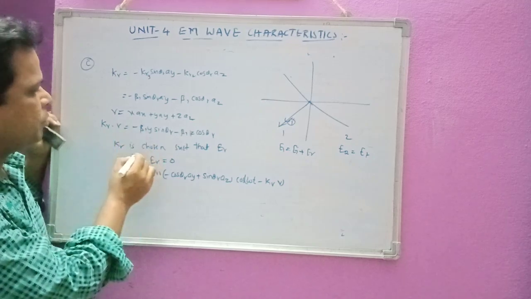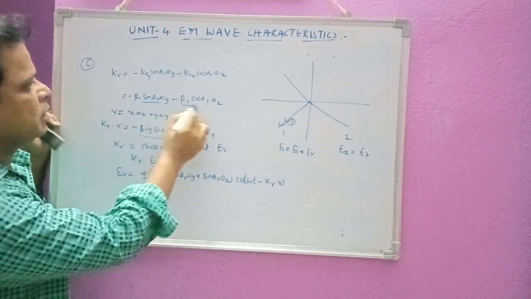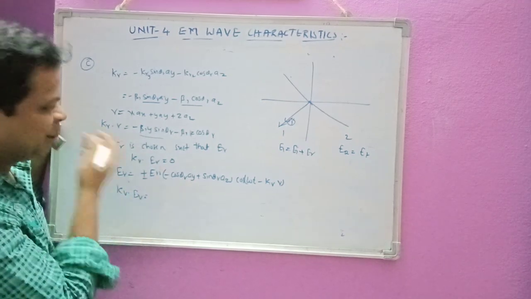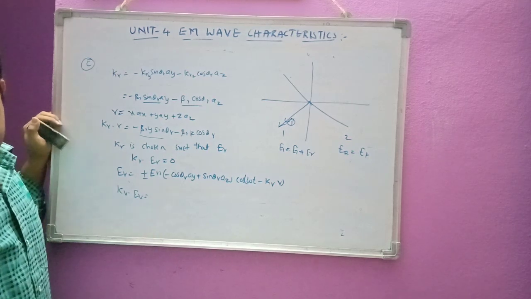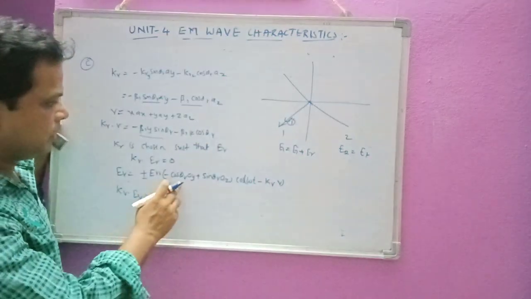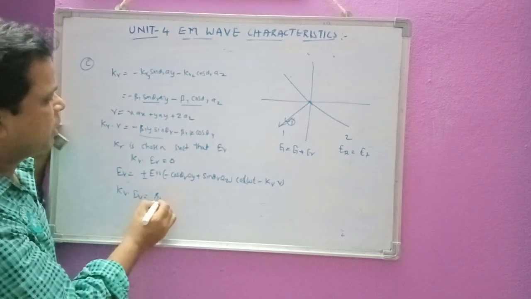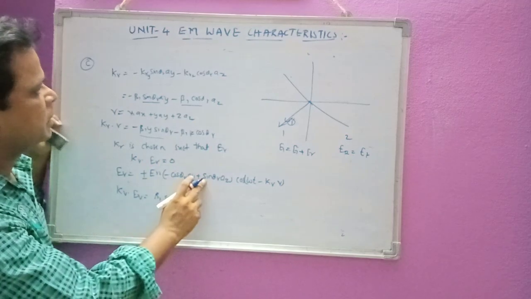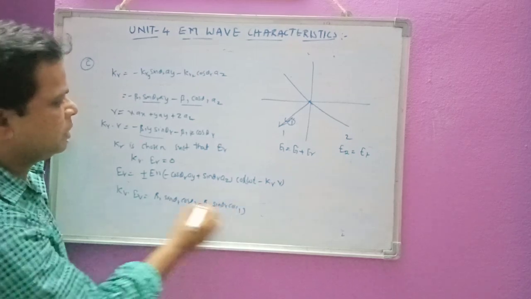Take the dot product here: ay dot ay is 1, and beta 1 sin theta r cos theta r, minus minus gives plus, and similarly the other terms give minus beta 1 sin theta r cos theta r, and this will be equivalent to 0.